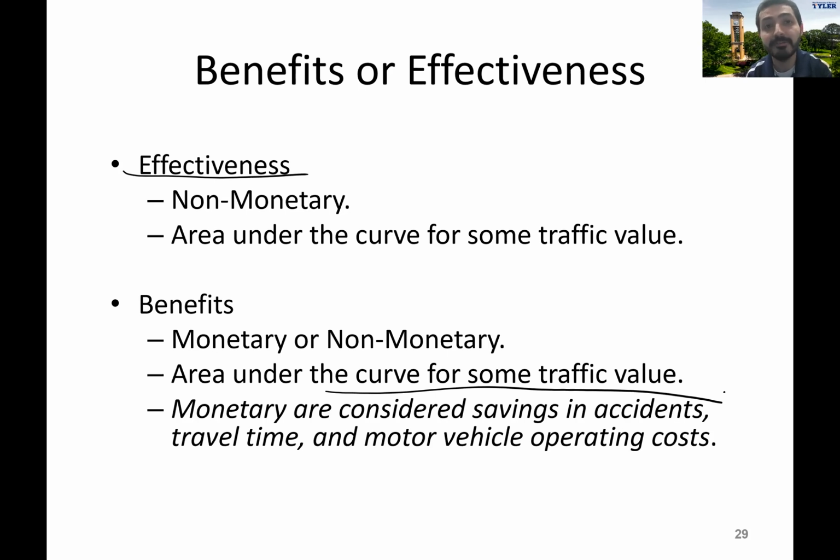If you have a thick overlay, that's going to cost you a lot, but it has a lot of benefits. Those benefits you can quantify: if I have a thick overlay, it may have an effect on fewer accidents or less travel time, or the operating cost for the motor vehicle is going to be less just by driving on a smooth 4-inch overlay compared to a crack seal or a chip seal.